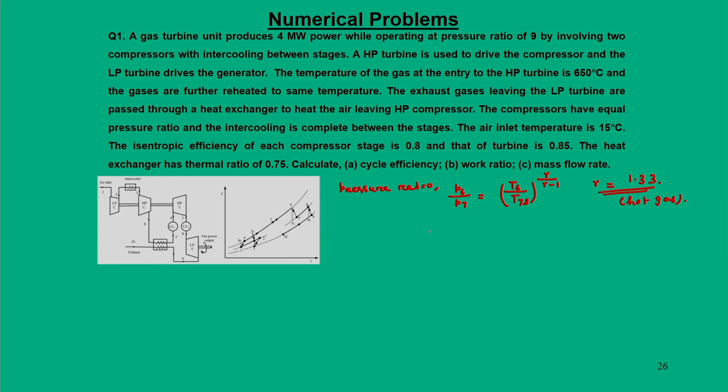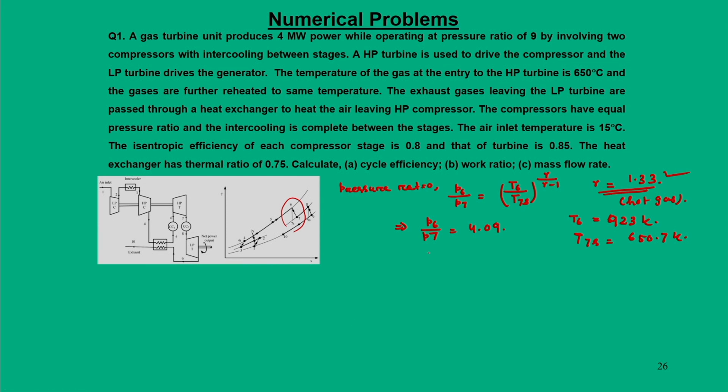And this pressure ratio P6 by P7, between these two, would be equal to 4.09. We already know T6 is 923 Kelvin, and T7s we found out as 650.7 Kelvin, and gamma is 1.33.